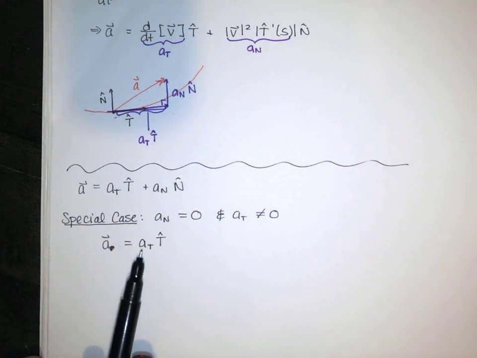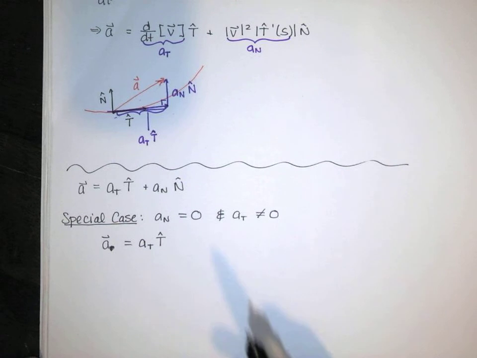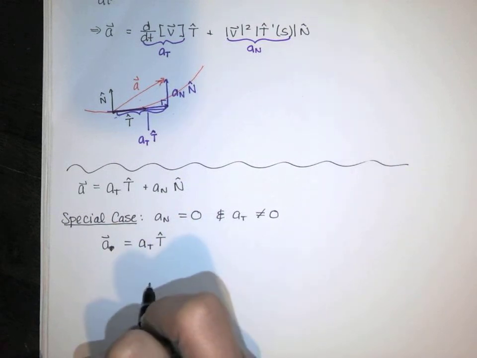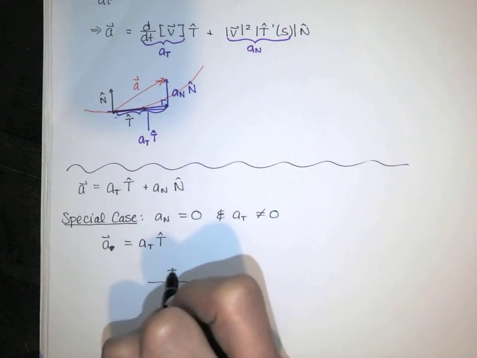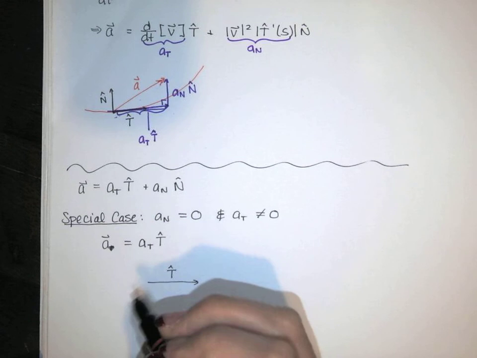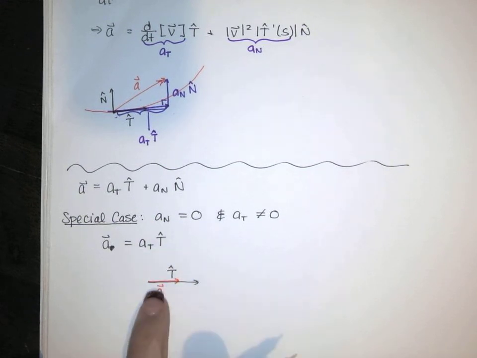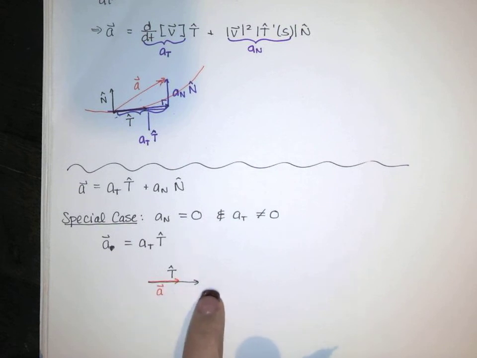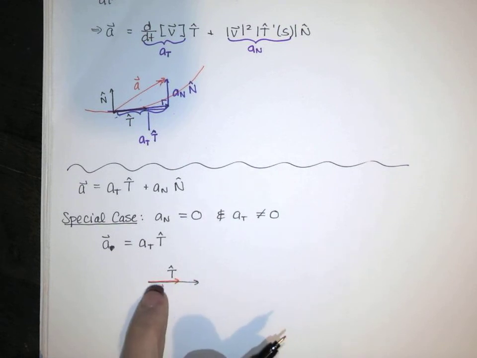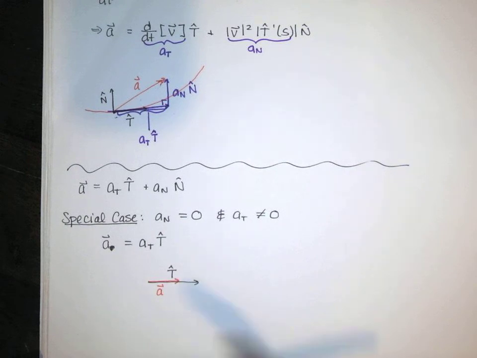So all of our acceleration is in the same direction as the direction we're moving. Now, if this is our unit tangent, and the acceleration is in the same direction. Remember, the unit tangent is the direction that we're going. If we're also accelerating in that direction, it makes perfect sense that we're changing our speed. We're speeding up.